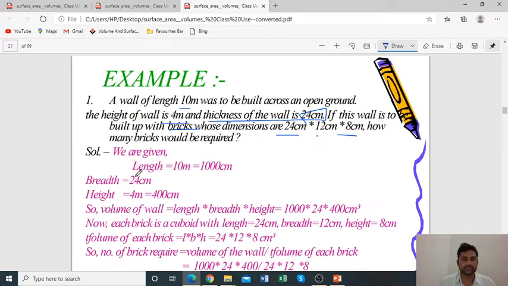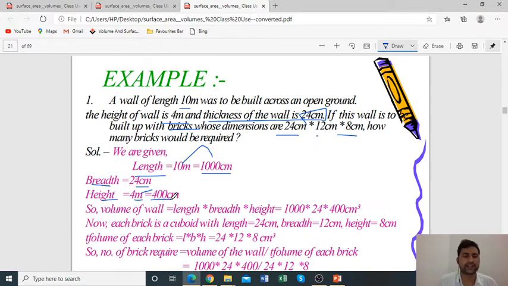Already we are given the length as 10 meter. Converting meter to centimeter, 1 meter equals 100 centimeter, so 10 meter equals 1000 centimeter. Breadth equals 24 centimeter. Height equals 4 meter, and 1 meter equals 100 centimeter, so 4 meter equals 400 centimeter.